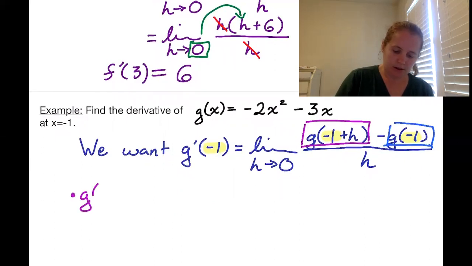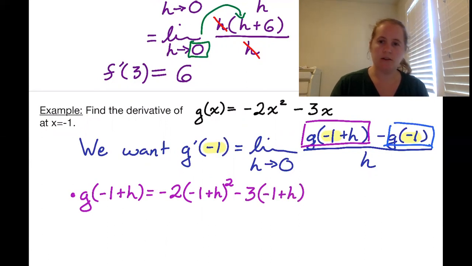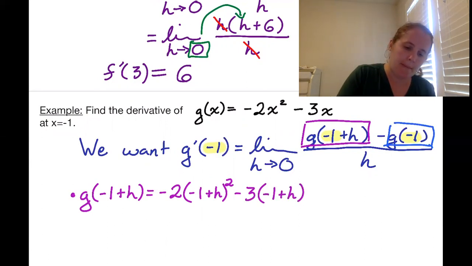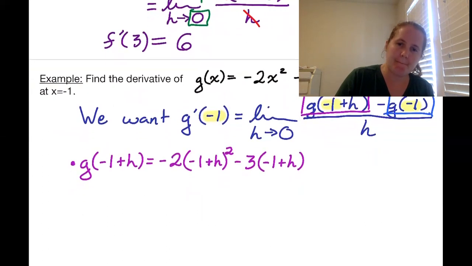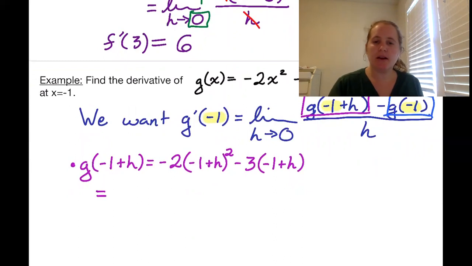So g of negative 1 plus h: we are looking at negative 2 times negative 1 plus h quantity squared minus 3 times negative 1 plus h. Let's multiply out that negative 1 plus h squared.